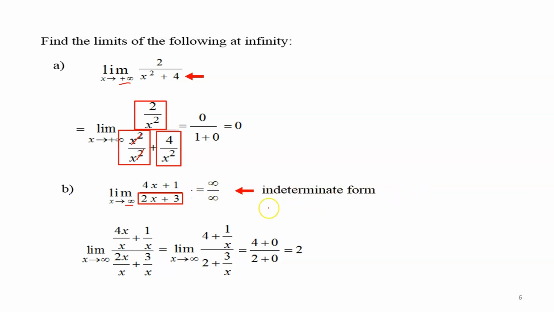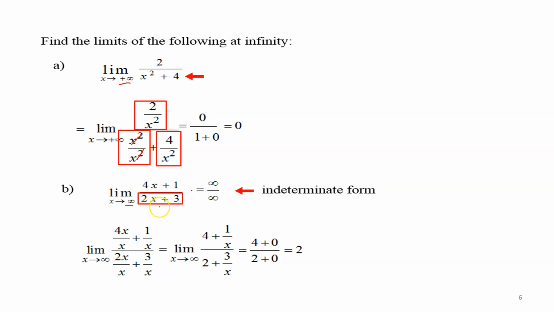Other than 0 over 0, infinity over infinity is also an indeterminate form. So like I mentioned just now, you divide the whole thing with x. 4x divided by x. Why is it x? Because the highest power is x. Only x. There's no x squared, x cubed, x to the power of 4.